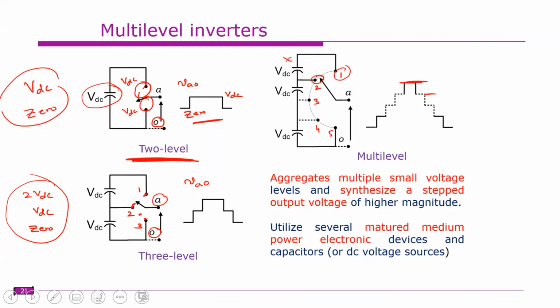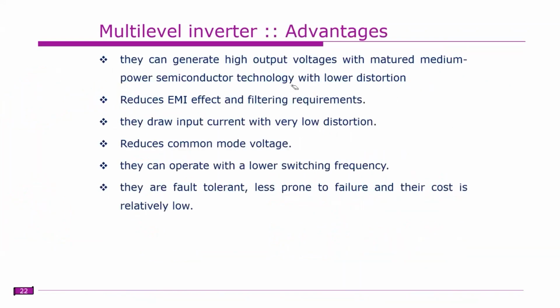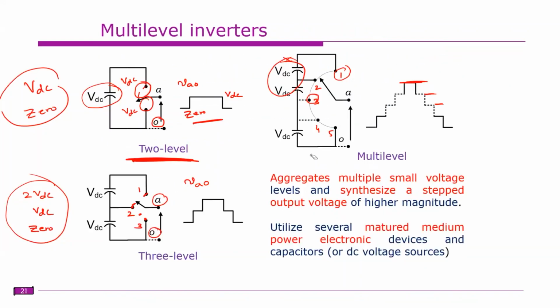Agree? If it is connected here, 1 more less than that. These 2 are bypassed, right? Similarly, if it is connected here, you have only VDC, and if it is connected to this 5 point, A is at 0. So that means you have 0 voltage.